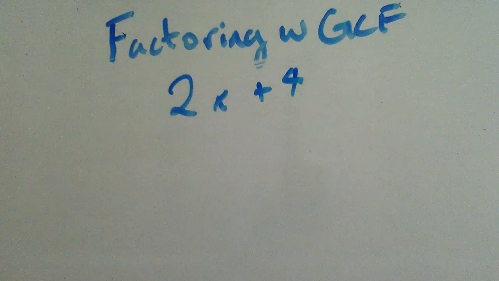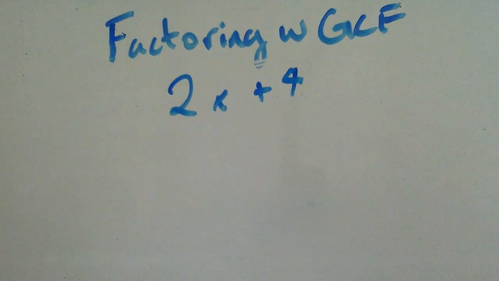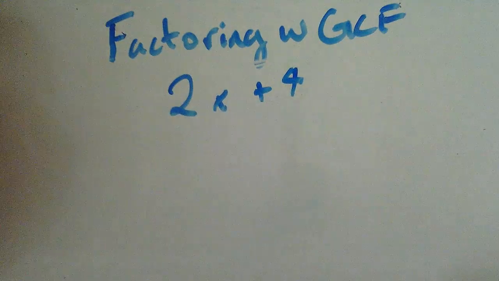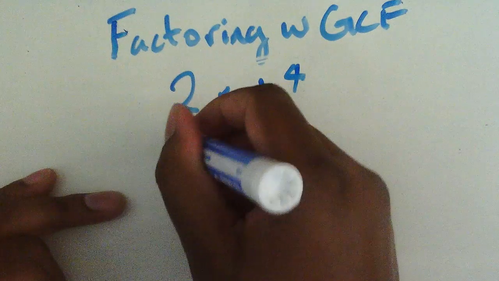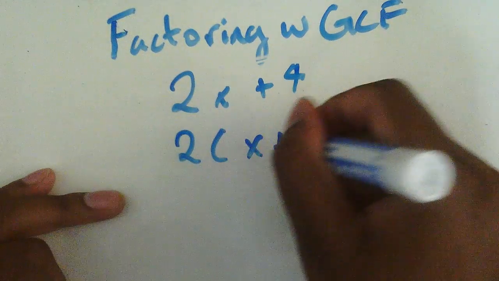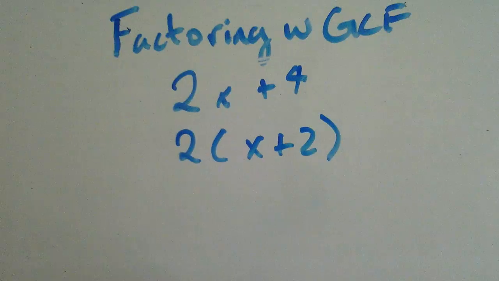Well, what is the greatest common factor? What are both of these terms divisible by? 2 is absolutely right. So you're going to have 2 times x plus 2, and you're done. That's it.